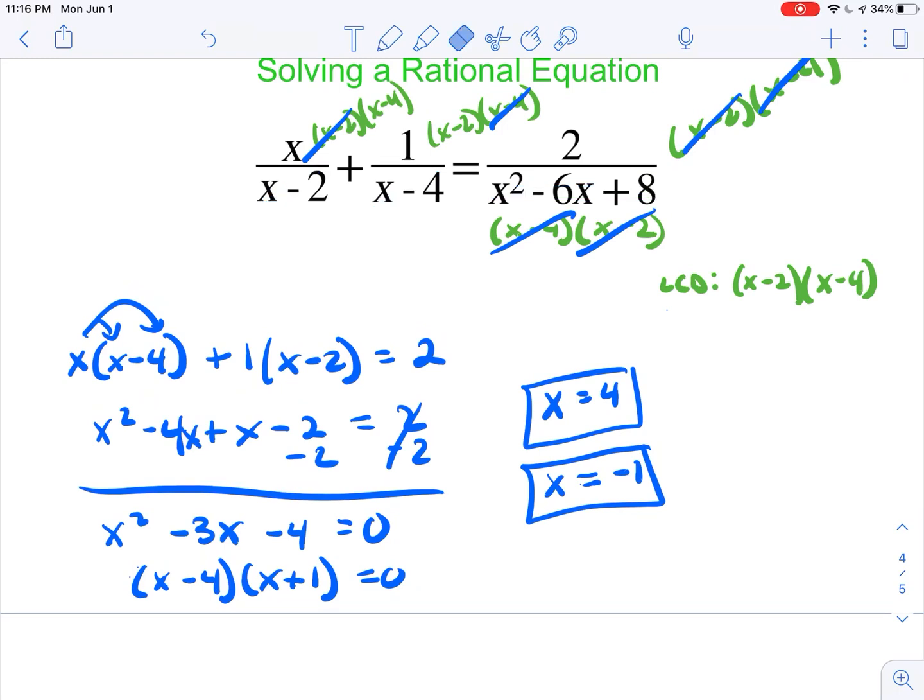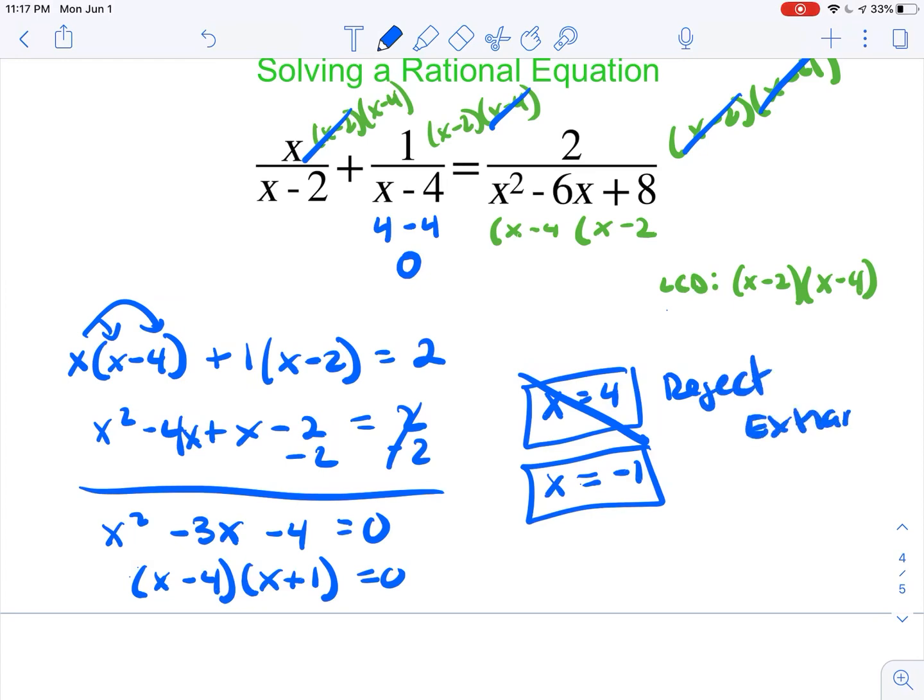So now we have to check back to our original denominators if it makes anything equal to 0. Well, we have a problem. X equals 4, when I plug it into this denominator, gives me a 0. So we must reject this as an extraneous solution.